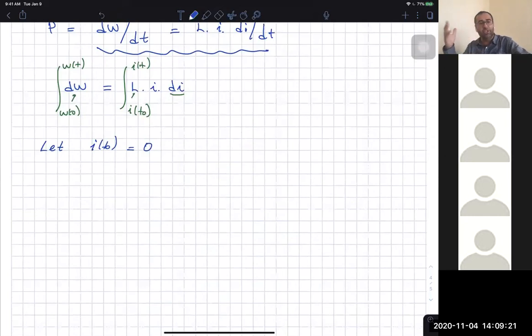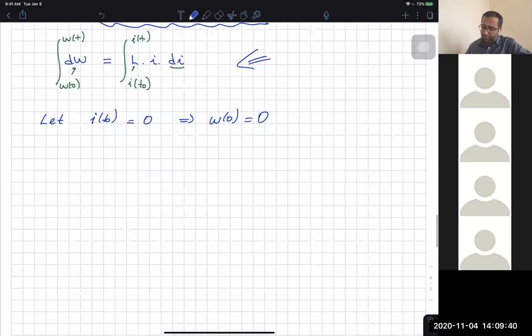So there is no initial current in this inductor, which means that if there is no initial current, there cannot be any energy, so that V0 will be also 0. This is just an assumption for this case, but of course, this formulation here will allow us to solve this for a non-zero initial condition as well, so that is not a big problem for us.